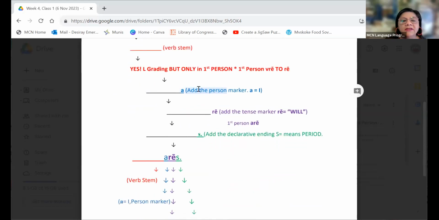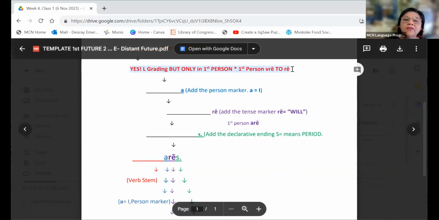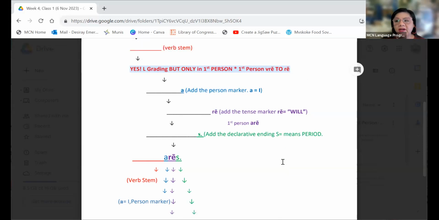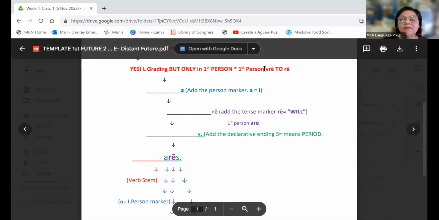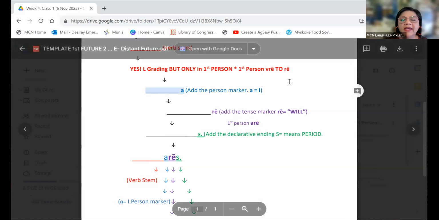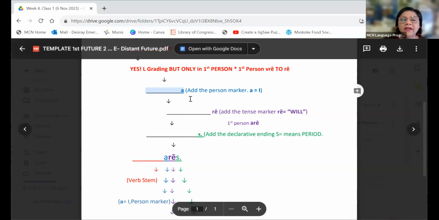And right here, yes, there's L grading, but only in first person. What Ken had brought up before was that L grading, for lack of a better definition, is just the rules. This is the L grading rules for first person only. So instead of VRE, it's just the, because right here we're adding the A. That's why it's not VRE, because we wouldn't add a VRE.